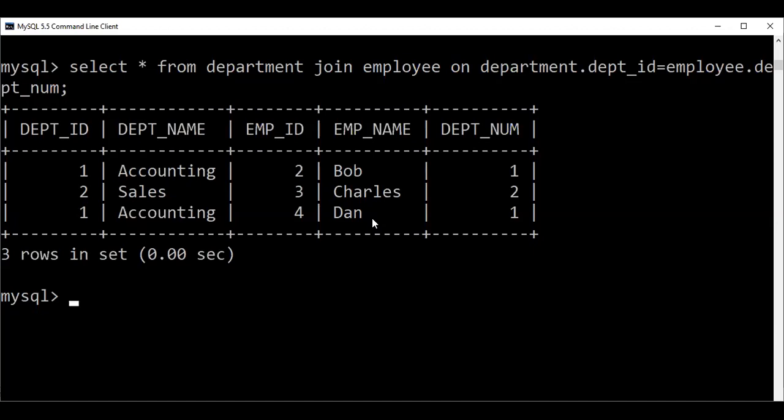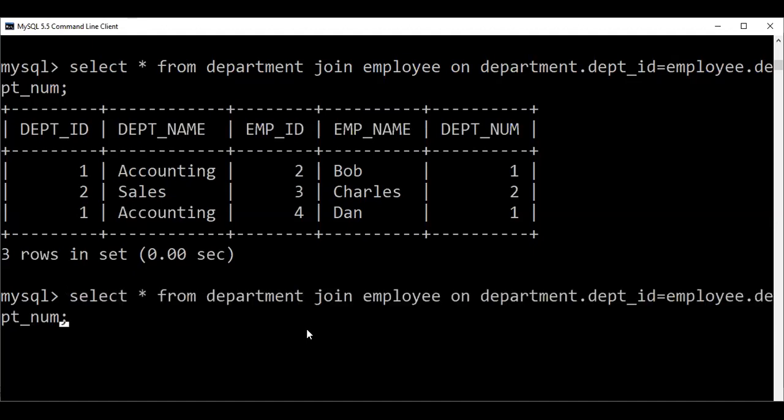So this is an equivalent operation because we have utilized the equal operator. You can reverse it also. I can write employee first and the second department, and you will get the same information.